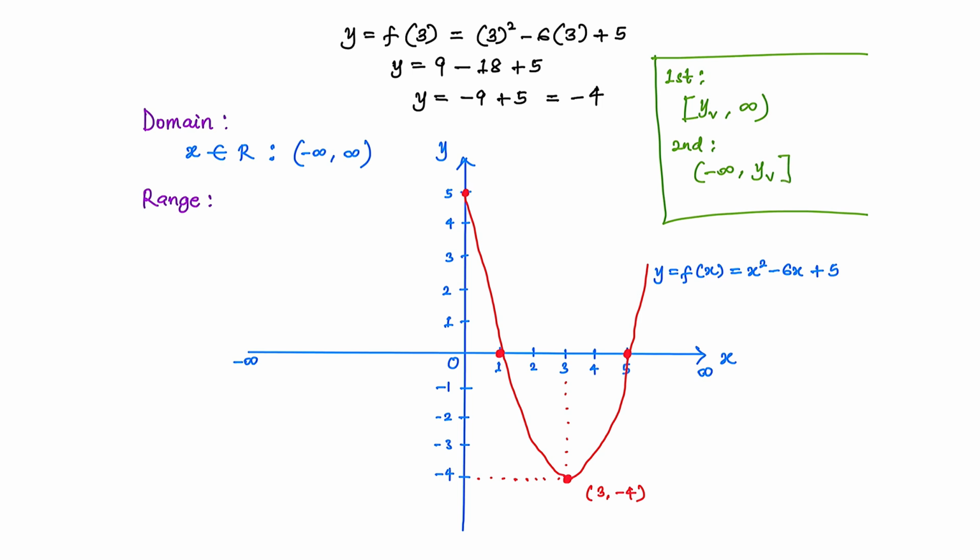So which means the value of y at the vertex all the way to infinity, or minus infinity all the way to the value of y at the vertex. This first situation always occurs whenever the curve is concave up. And this second situation usually occurs whenever the curve is concave down. Let's go to the graph here.